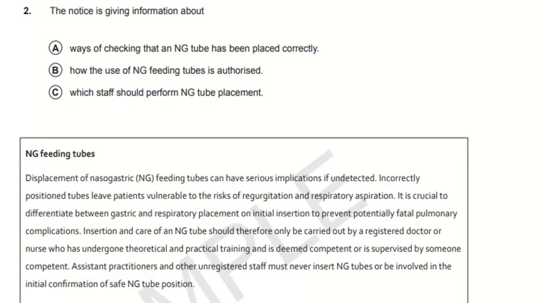Assistant practitioners and other unregistered staff must never insert nasogastric tube or be involved in the initial confirmation of safe nasogastric tube position. Alright, now we read the question. It says the notice is given information about, and we have three options here. The first says ways of checking that a nasogastric tube has been placed correctly.